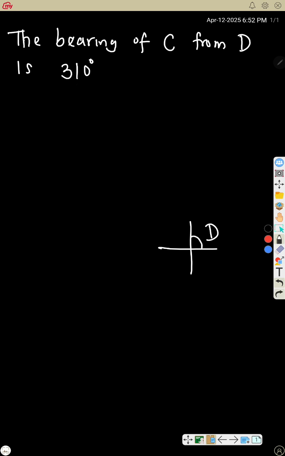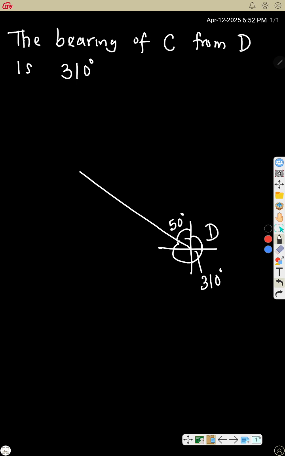So here is 90, 180, 270. So 310 is inside this place. That means from the beginning to that place is 310. If the total is 360 to this place, and you stop at 310, the remaining is 360 minus 310. The remaining is 50 degrees.